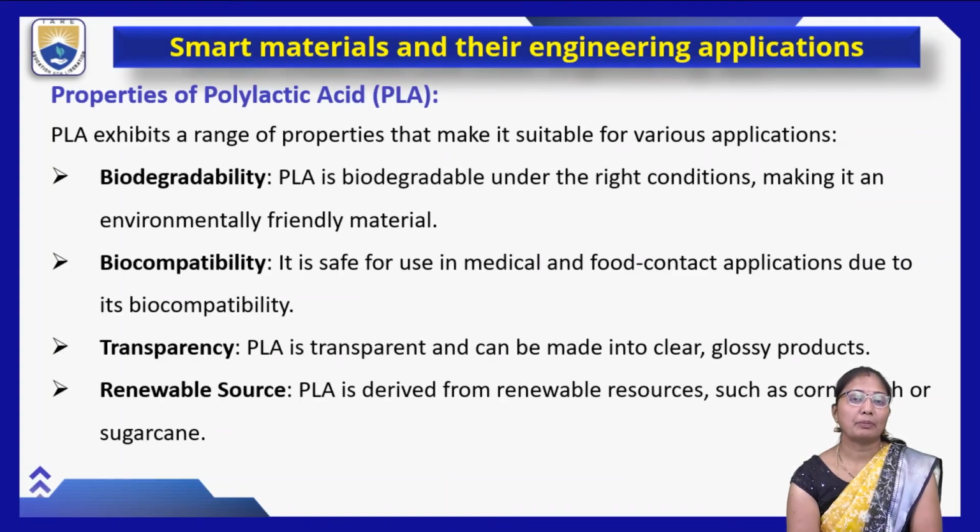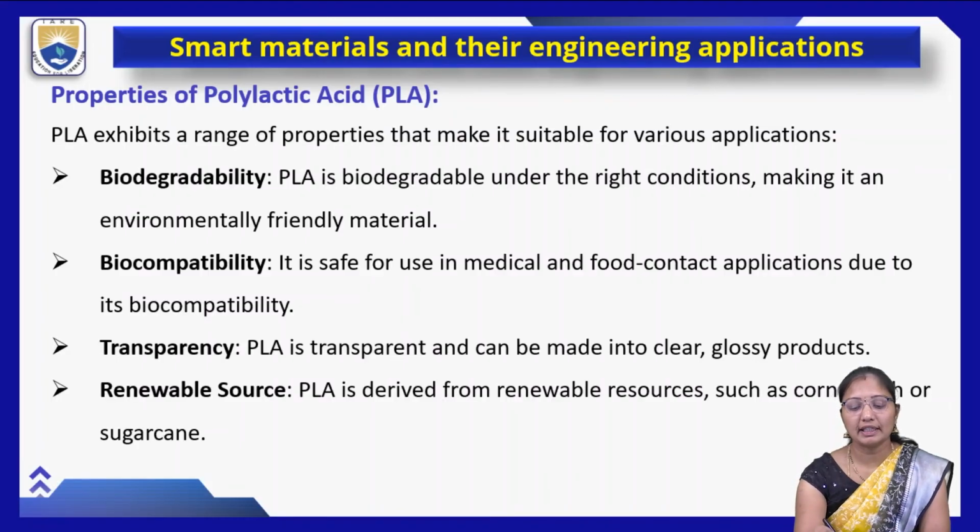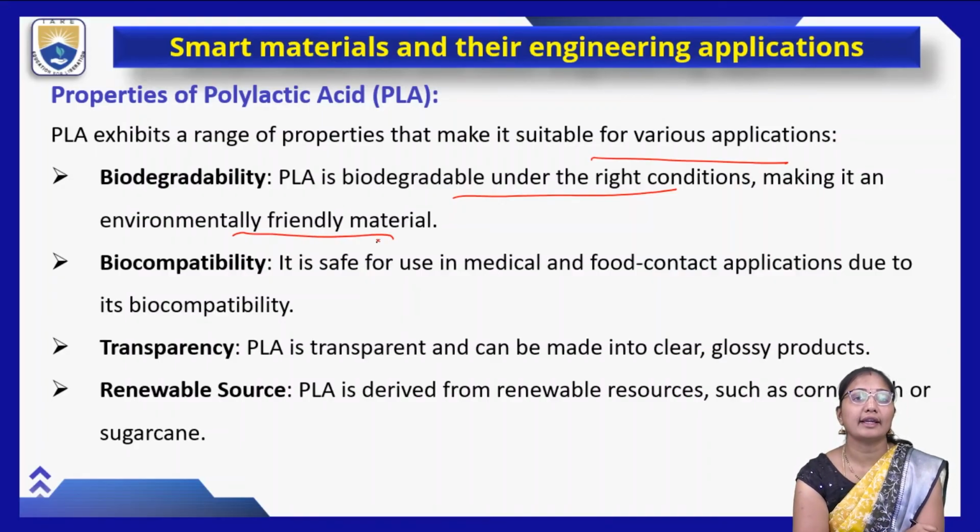Then coming to the properties of polylactic acid, or PLA. They exhibit properties that make it suitable for various applications. First thing is biodegradability. It is biodegradable under the right conditions, making it eco-friendly to the earth's surface. Next thing is biocompatibility.